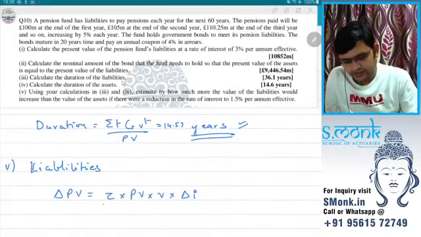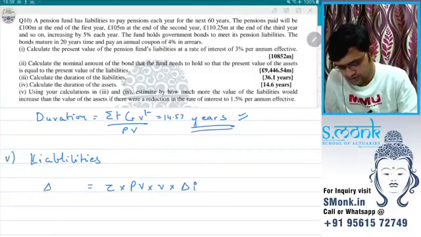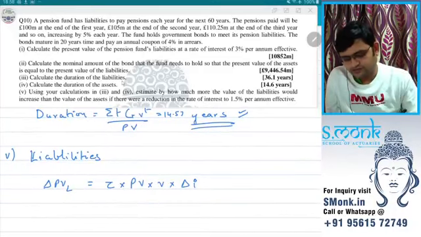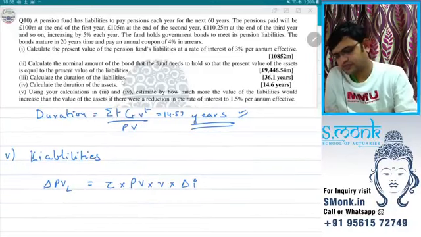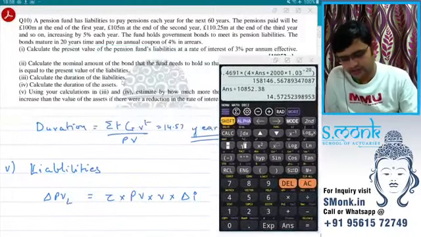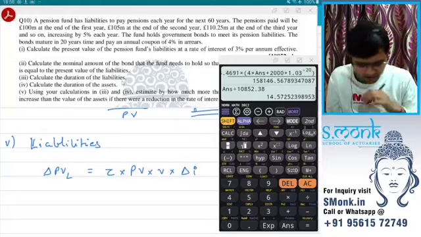Okay, so we can substitute all of these to get how much would be the change in present value of liabilities. Just remind me if I'm using the formula correctly or not, because sometimes I get confused with this formula, but I think this is what we had.